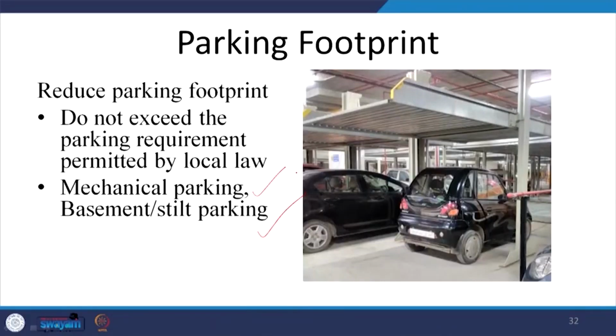So, the parking footprint has to be reduced, and to reduce the building footprint of the parking, mechanical parking, basement or stilt parking have to be used. These are new technologies which are available where the parkings require much lesser space. This does not mean that visitor parking will not be provided.